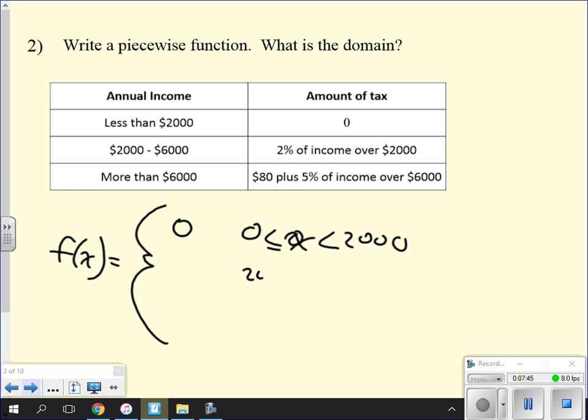So I have 2,000, and then I have 6,000. Is 6,000 included or not? Yes, because it's over 6,000 in the next one. So it is included here. Any money I make between 2,000 and 6,000 inclusive, how much do I pay? 2%.